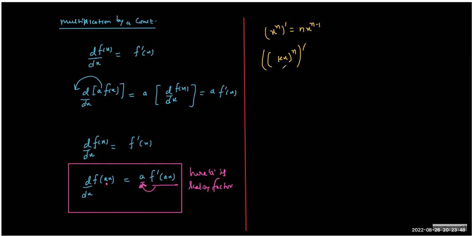So the rule says that you first simply differentiate, assuming this entire input as one entity, like one object, which is the input. And when you scale an input, the function will not change. It is still an algebraic function, still having similar features. So what will you answer? n input power n minus 1. What is the change here?